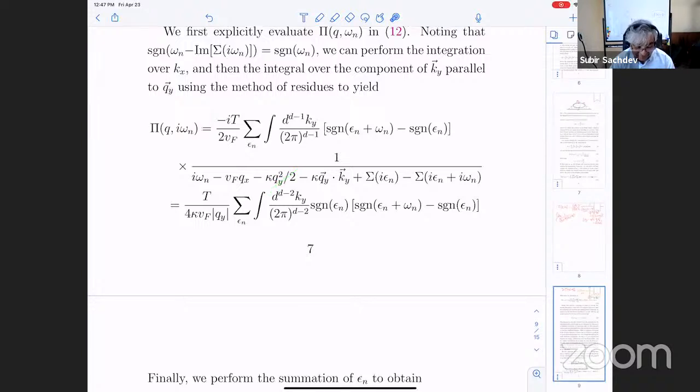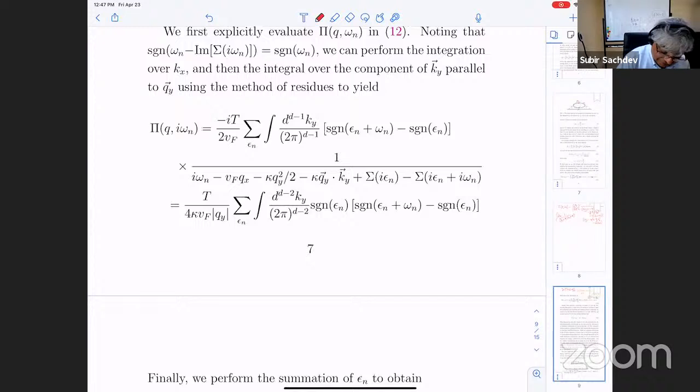And so now as a function of y, q fixes a direction. So I pick the direction of ky along qy. That's the direction I'm going to integrate. So ky is going to be parallel to qy, and the transverse directions I won't be able to integrate, but they don't exist in higher than 2 dimensions.